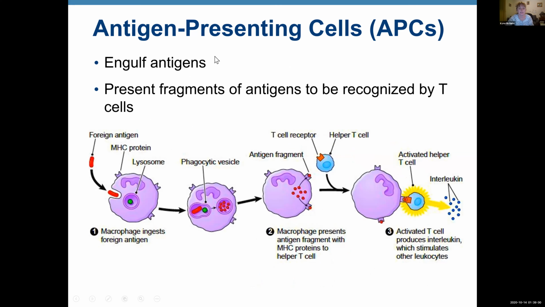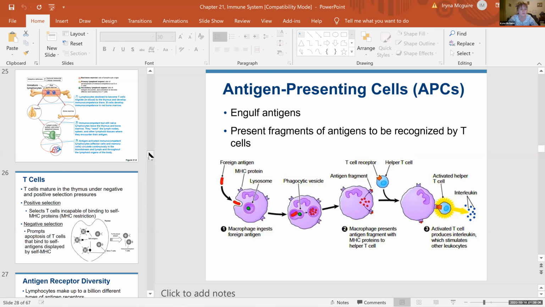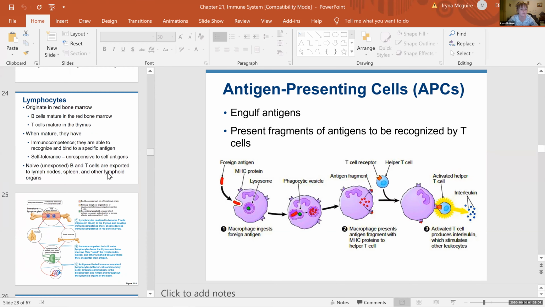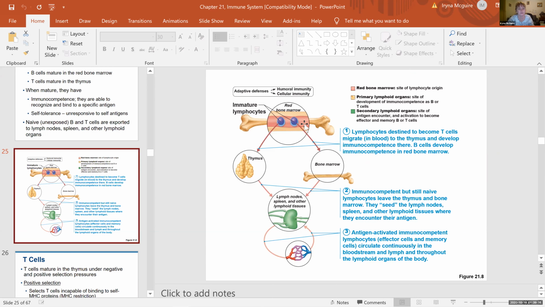Now, antigen presenting cells. So I hope we have an understanding of what B cells and T cells are, right? Where they are formed, how they move to the thymus or stay in the bone marrow, where they become immunocompetent but still naive because they are not exposed yet to the pathogen.